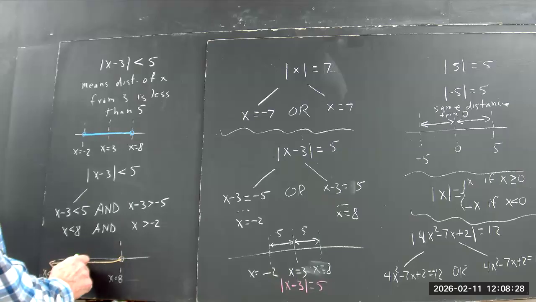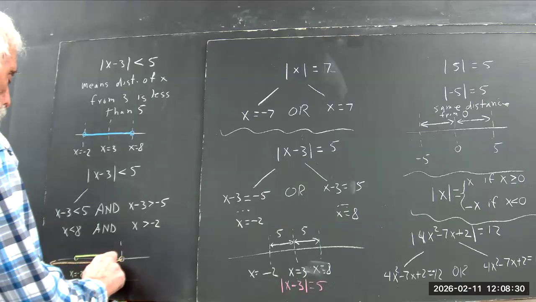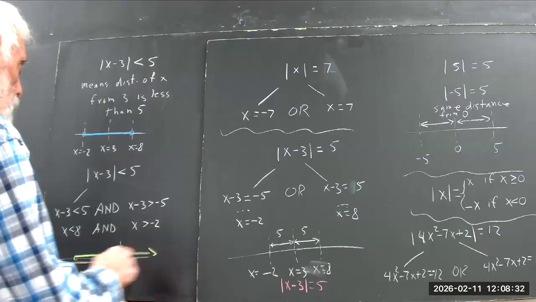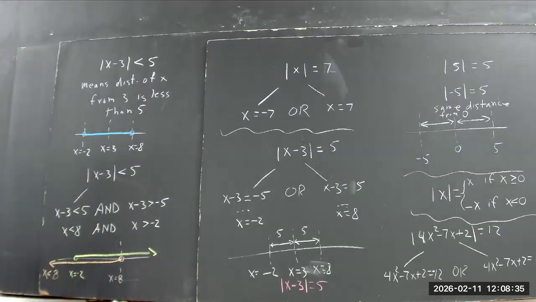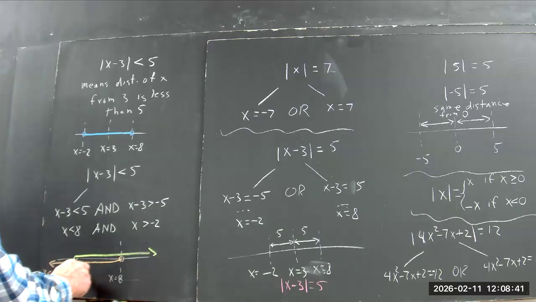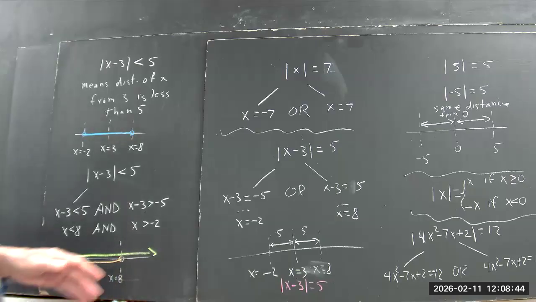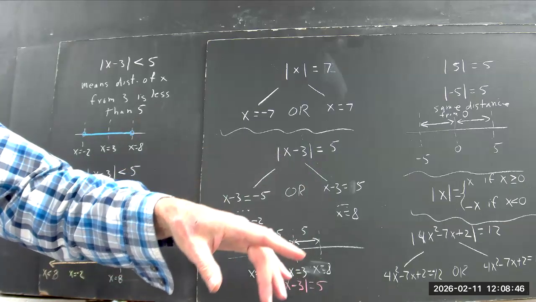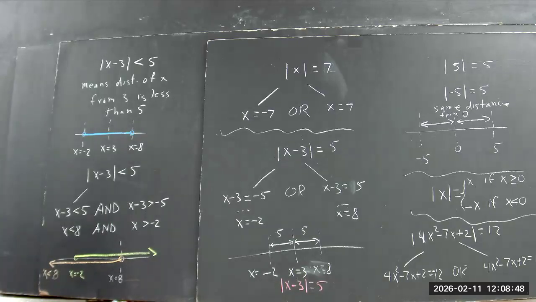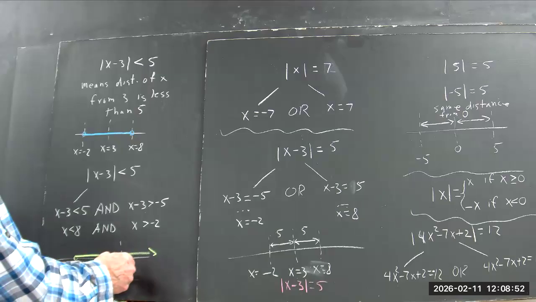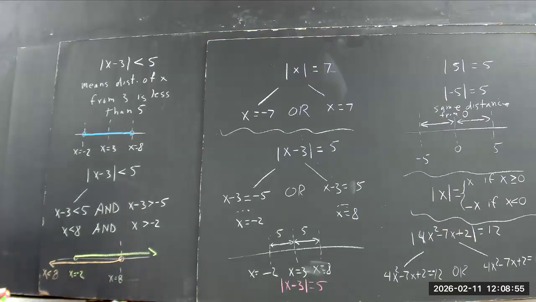And I draw an arrow to the right. It's a little bit above the number line, but it goes all the way to the right. It goes from x equals negative 2 all the way past x equals 8, all the way out to x equals 5 zillion and beyond. And the first arrow I drew, again, started at x equals 8, went to the left, past x equals negative 2, and kept going forever. Okay?